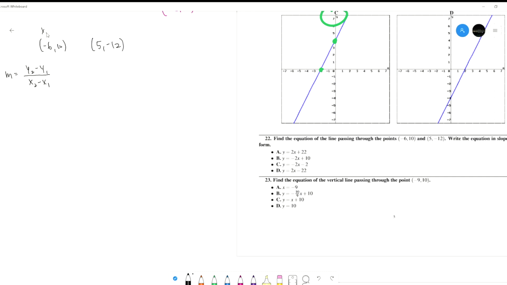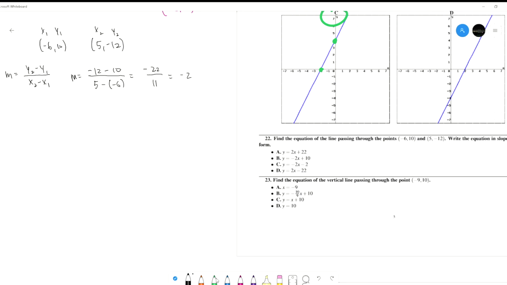If I call these x1, y1, x2, y2, then you can do negative 12 minus 10 over 5 minus negative 6. So that gives me negative 22 over positive 11, which equals -2. Any questions on how to get slope?